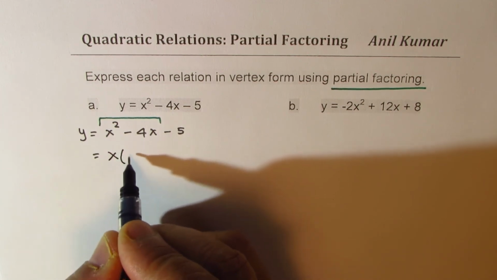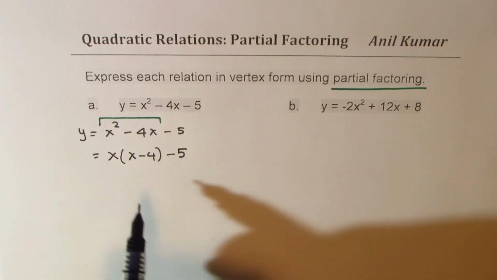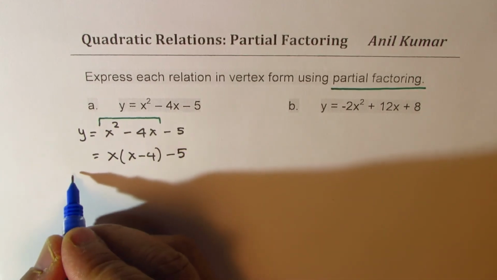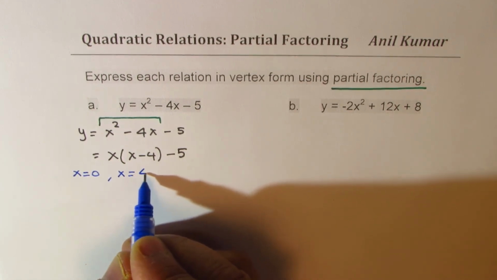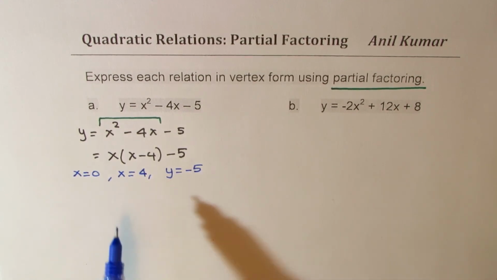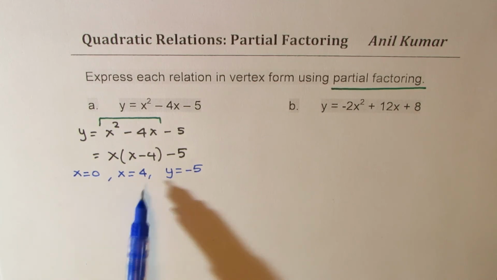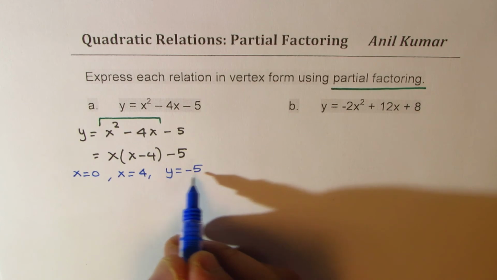Taking x as common here, we get x minus 4, minus 5. Now that gives you an idea that at x equals 0 and at x equals 4, y is equal to minus 5. So the midway between them could give you the axis, right? So there are two values of x for which we have the same y value.